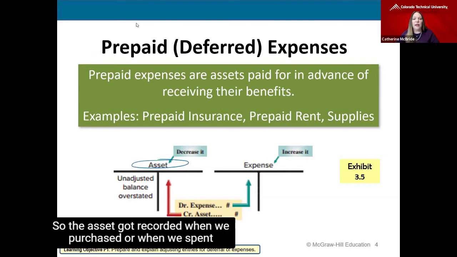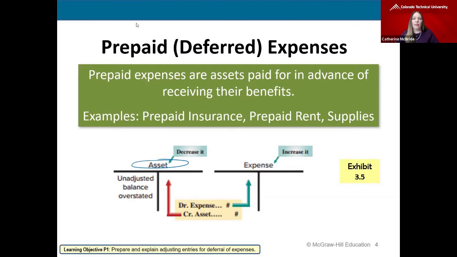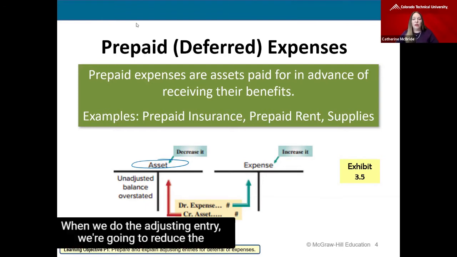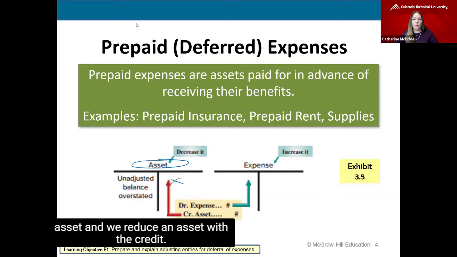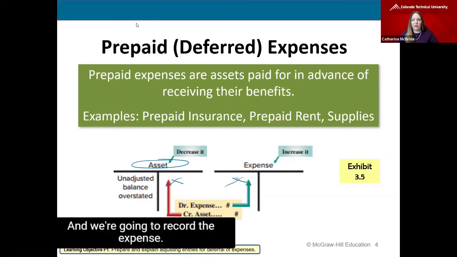So the asset got recorded when we purchased or when we spent the money on the prepaid insurance or prepaid rent or bought the supplies. When we do the adjusting entry, we're going to reduce the asset, and we reduce an asset with a credit, and we're going to record the expense. We record an expense with a debit.